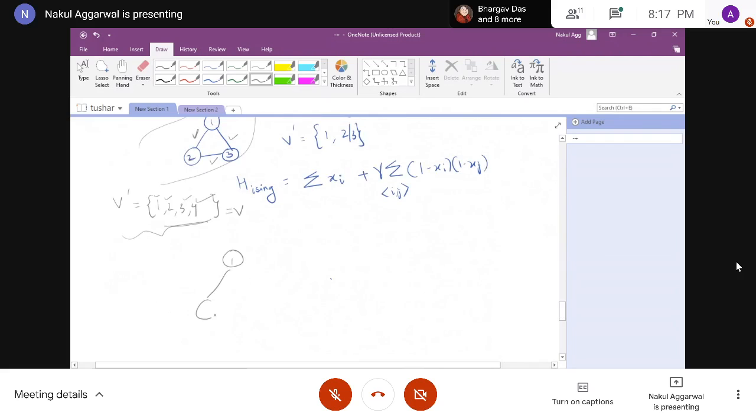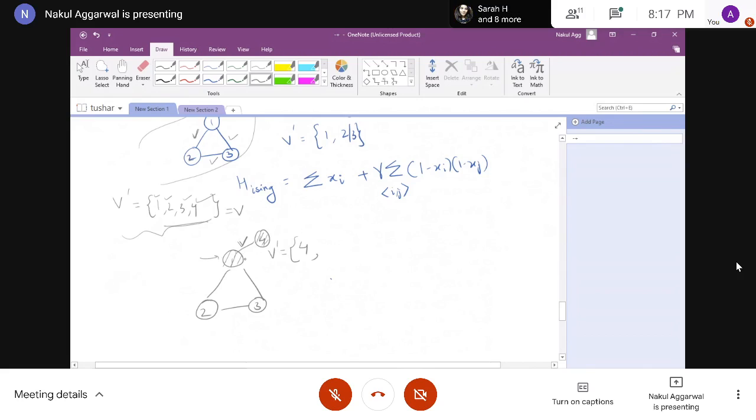So you have vertex 1, vertex 2, 3, and vertex 4. Let's start with this edge. Let's include 4. If you include 4 in V prime, this edge is covered. The constraint is that at least one of the two vertices has to be in V prime. This edge is covered. Now we have to cover 3 more edges.